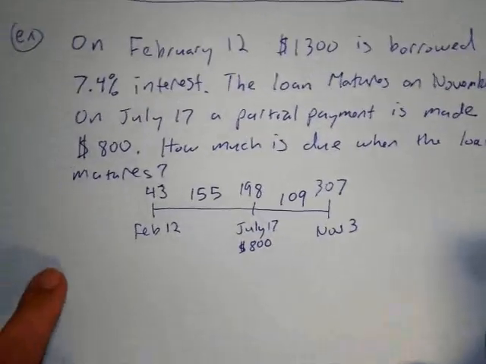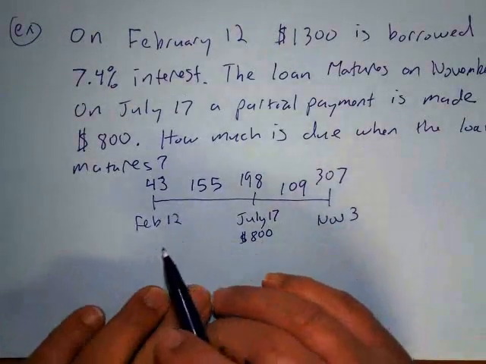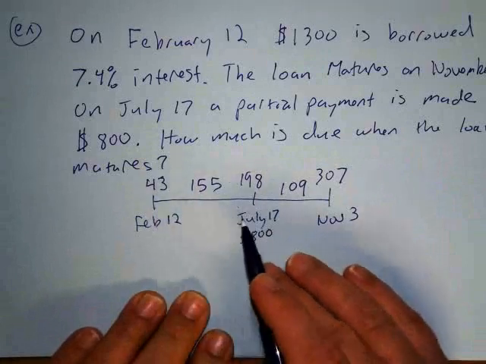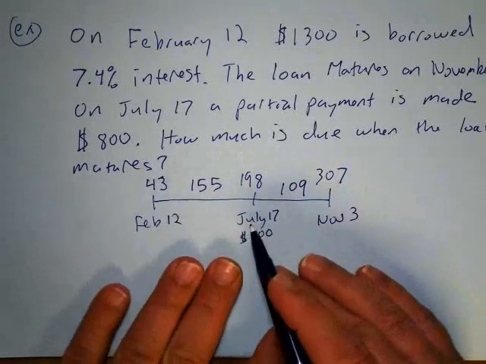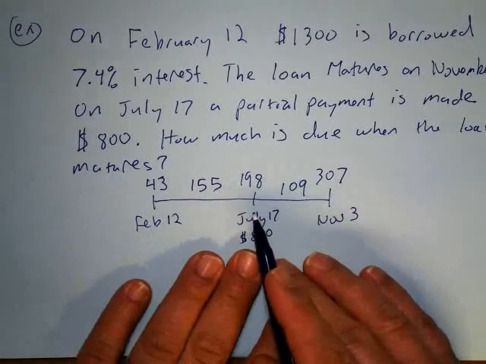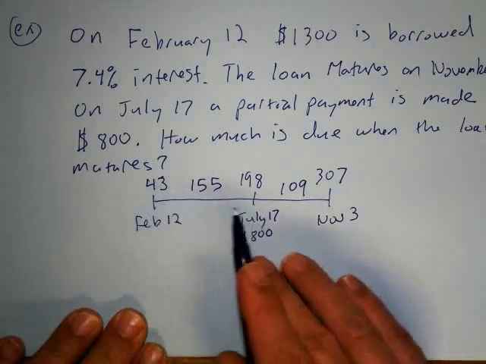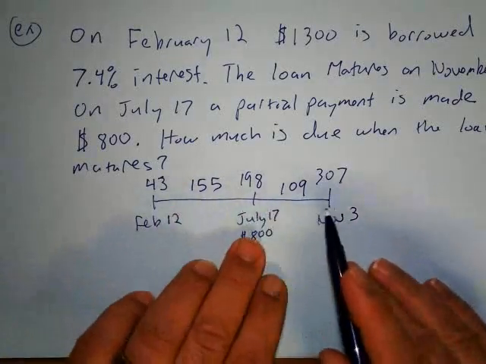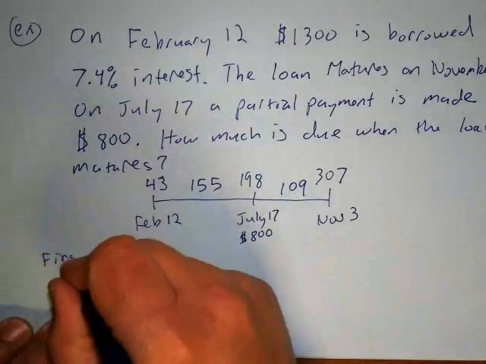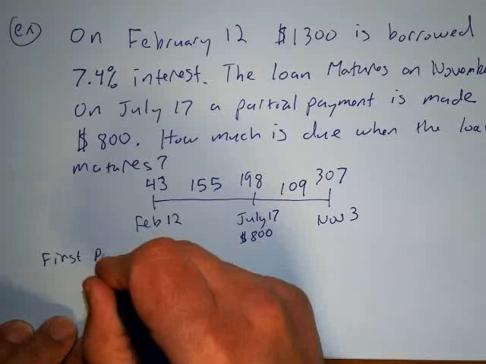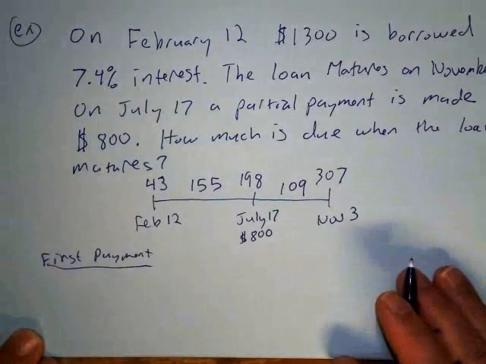So now what you're going to do is figure out what happens during the first half of the loan, and we'll call that period 1. And then you have to figure out what happens during the second half of the loan. We'll call this the first payment, and then this the final payment. Okay, so first payment. What happens when you make that first payment?